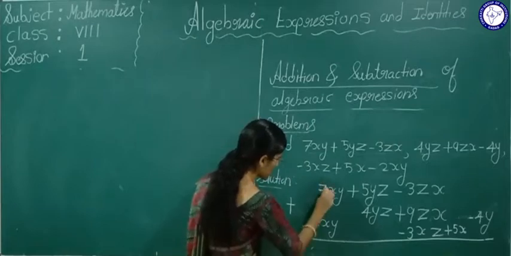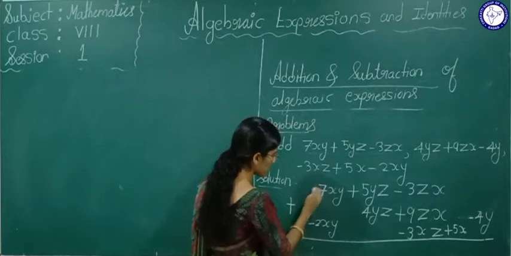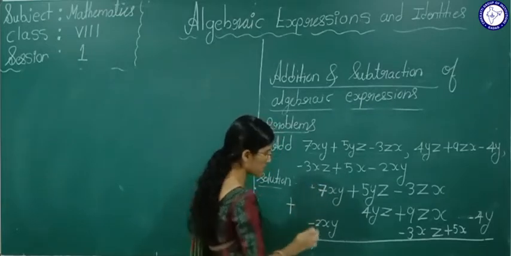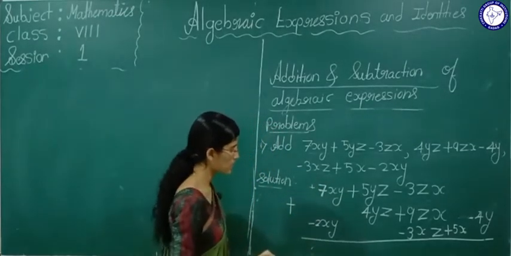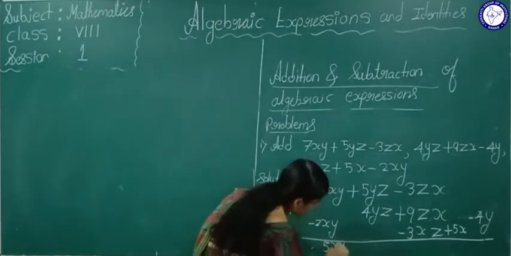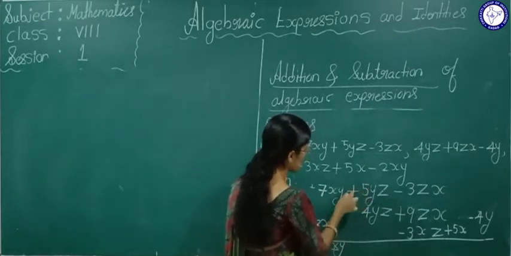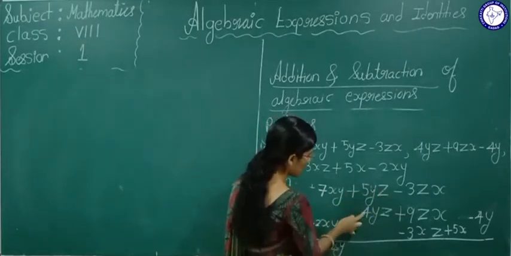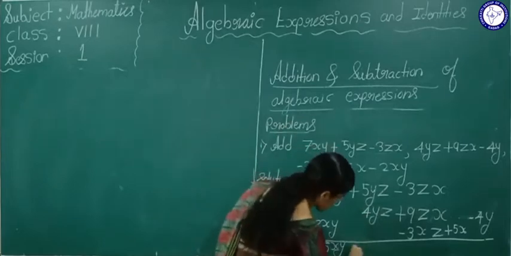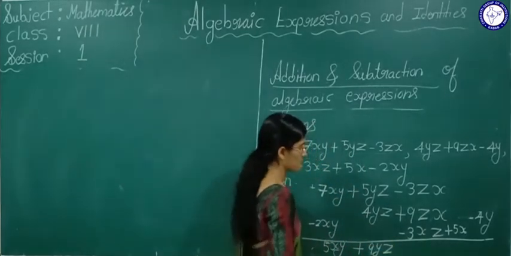7. Okay. 7 minus, here these are like terms, no? Plus minus is minus. 7 minus 2 is how much? 5. It is 5xy. Okay. Now see, 5yz, 4yz is how much? Plus 9yz. Okay.